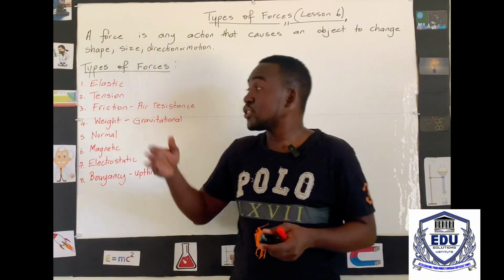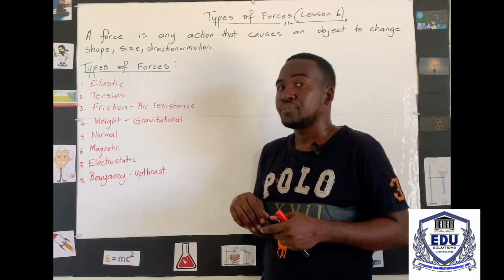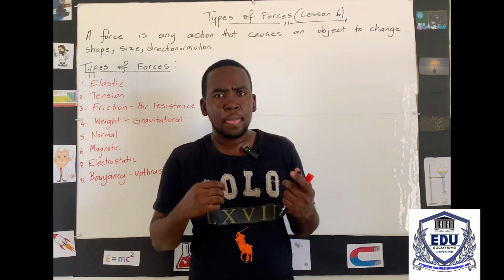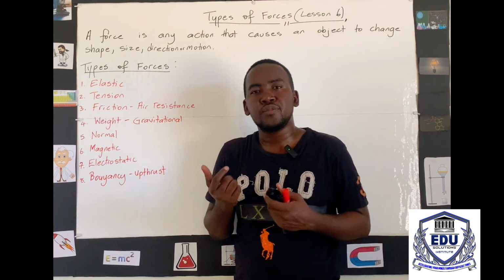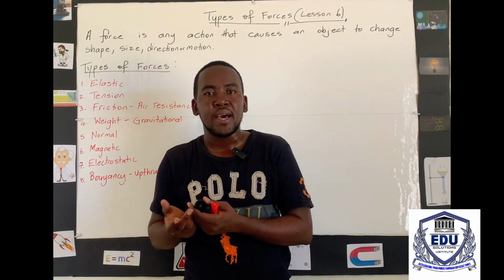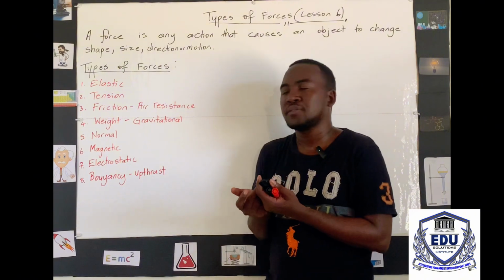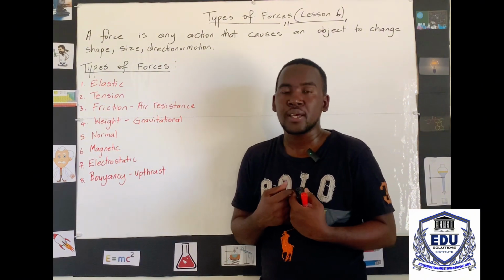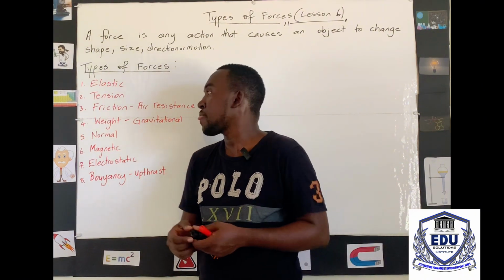So therefore, a tension force is what we call a responding force. It responds because you applied something to it, and it balances off that force. If it can't balance the force, then the string will break.